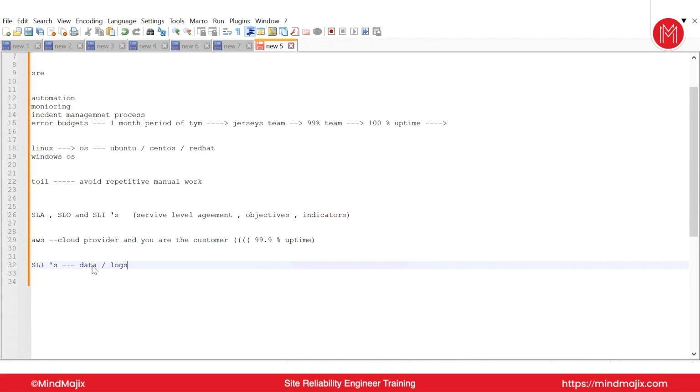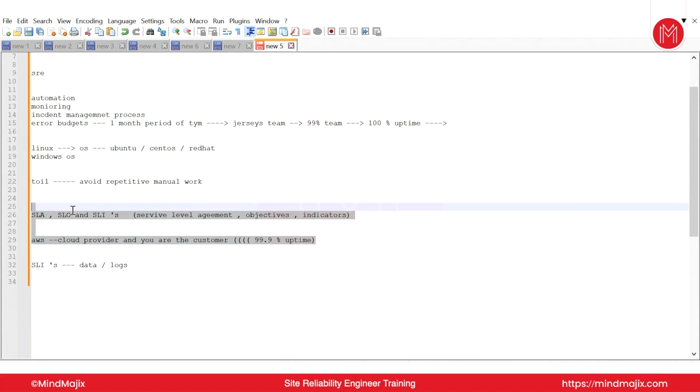Here you will have measurable metrics which you can use to find out, using these indicators. Indicators means metrics. Using these metrics, these logs and everything, you will be able to see if both the SLA and SLO are achieved or not.